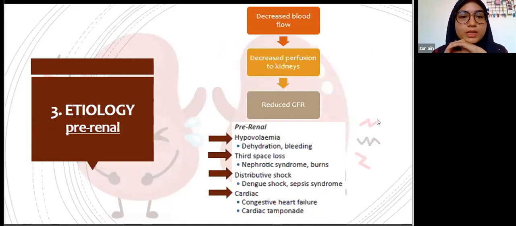So basically, from the pediatric protocol, the causes can be divided into 4: hypovolemia, which is self-explanatory and can lead to decreased blood flow; third space loss, also decreased perfusion to the kidney; then distributive shock, decreased perfusion to the kidney; and then cardiac, when there is reduced cardiac output leading to reduced perfusion to the kidney.